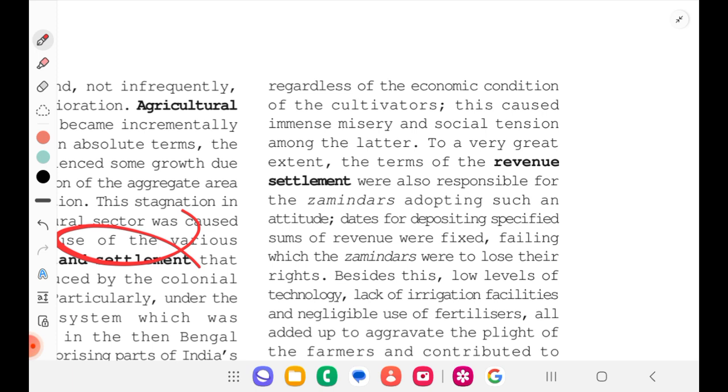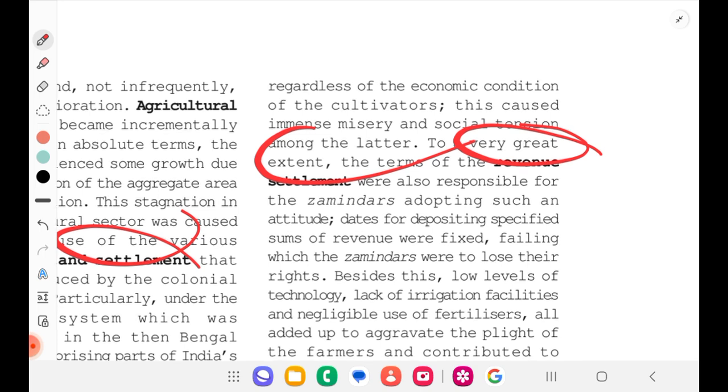To a very great extent, the terms of revenue settlement were also responsible for zamindars adopting such an attitude. Dates for depositing specified sums of revenue were fixed, failing which the zamindars were to lose their rights.